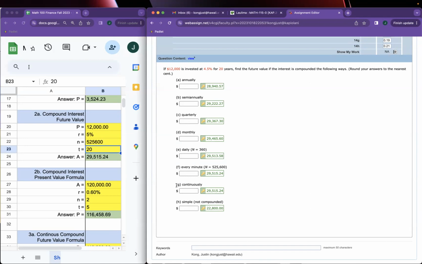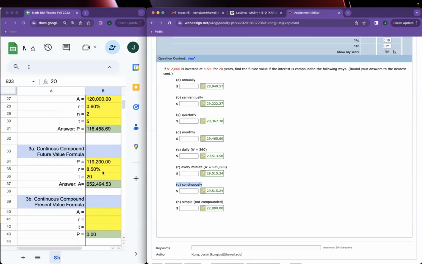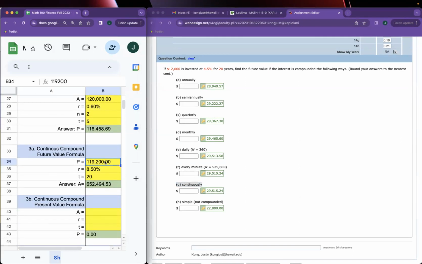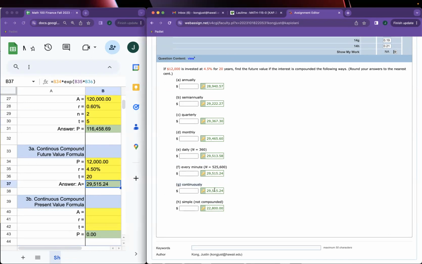Next letter G says continuous compounding. So continuous means we're using a new formula now, formula 3A instead, but the same parameters. 12,000 is the P, R is 4.5%, T is 20 years, and boom, there your number is. Notice, by the way, it actually made no difference from compounding every minute to compounding continuously.